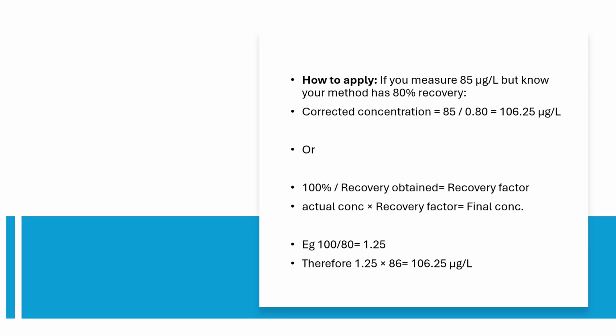So 100% divided by the recovery obtained is equal to your recovery factor. Here, 100 divided by 80, so the recovery factor is 1.25. Therefore, you multiply this recovery factor to your obtained concentration, that is 85. So your final concentration is 106.25 mg per liter.